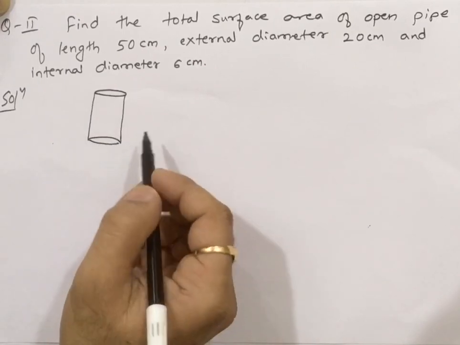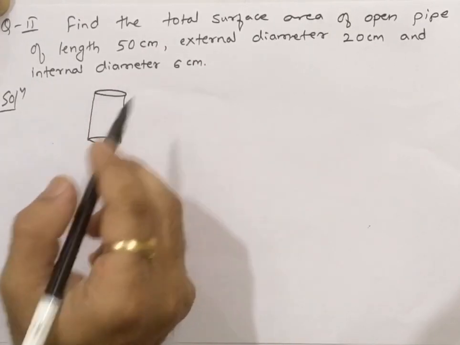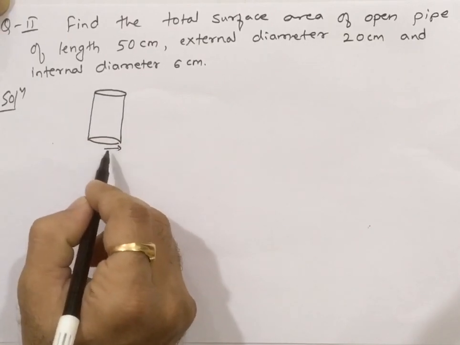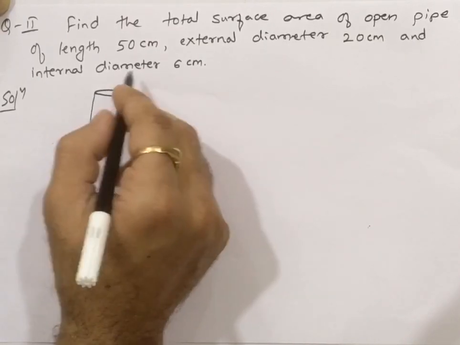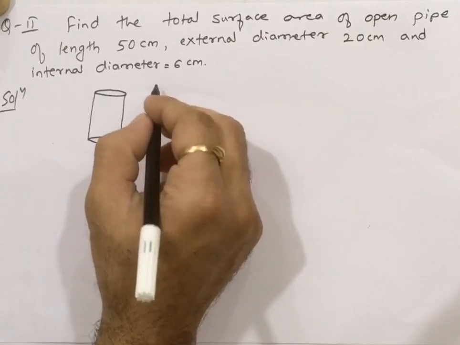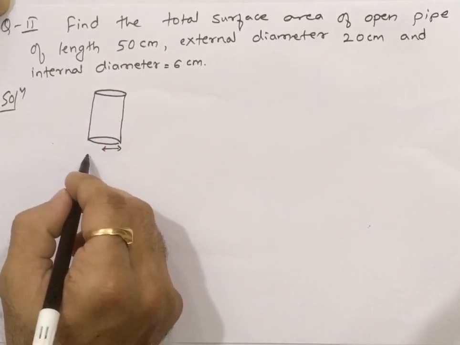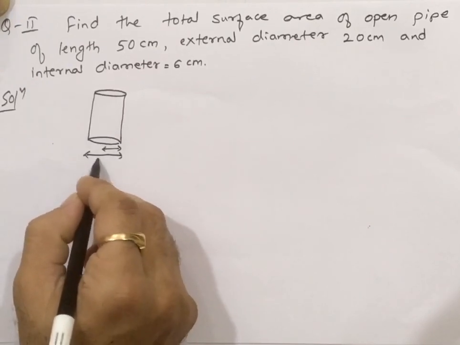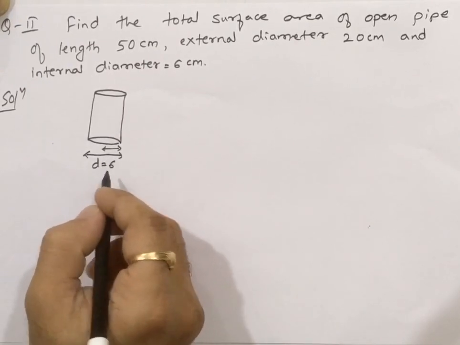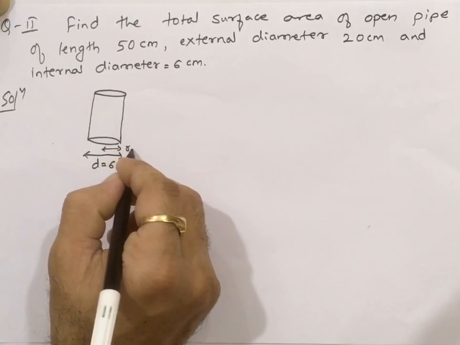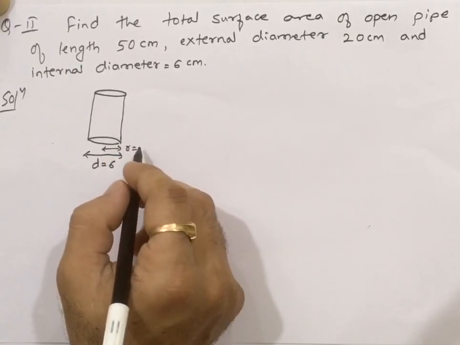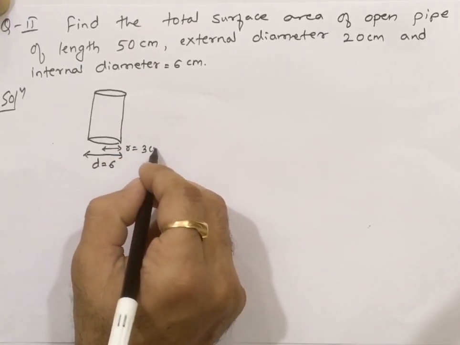Okay, the internal diameter is 6, so I'll take this as diameter is 6, then what is the radius? r is equal to 3 centimeter.